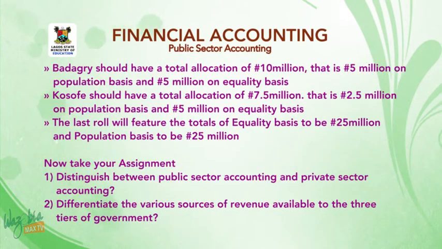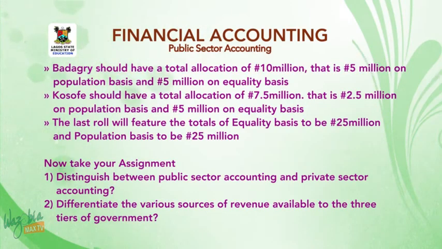Badagry should have a total allocation of 10 million naira. That is 5 million naira on population basis and 5 million naira on equality basis. Koshofe should have a total allocation of 7.5 million naira. That is 2.5 million naira on population basis and 5 million naira on equality basis.